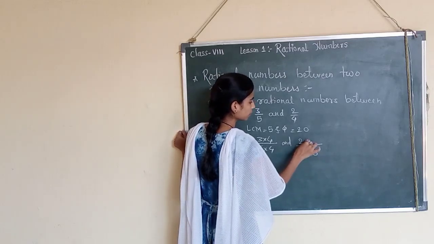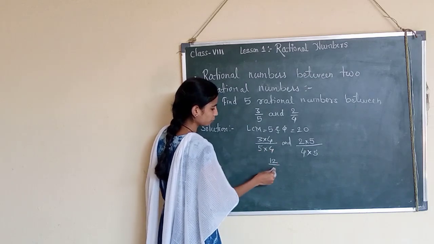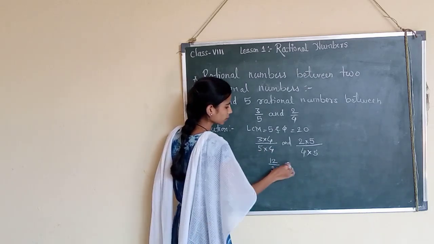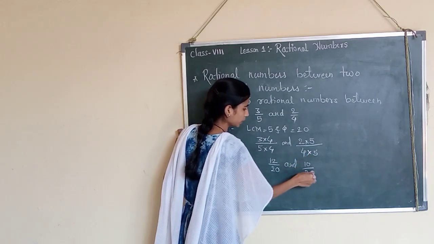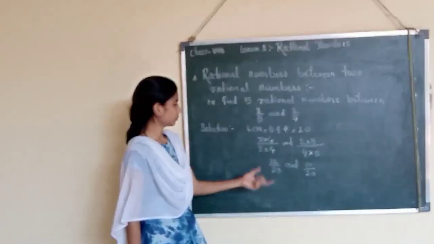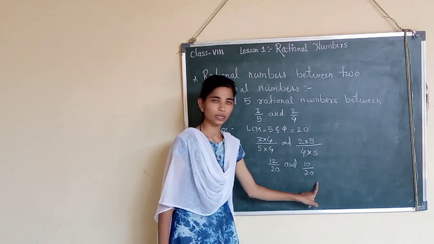Now 3 fours are 12, 5 fours are 20, and 2 fives are 10, 4 fives are 20. After multiplying, we get 12 by 20 and 10 by 20.